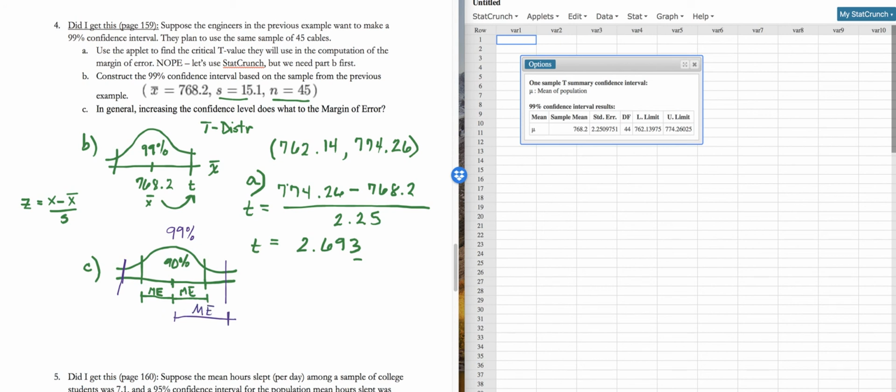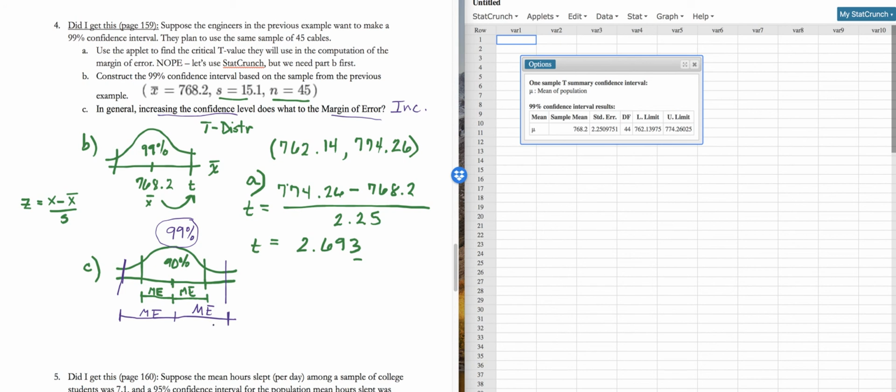It's still the distance from the center to the endpoints, but now that distance has increased. So increasing the level of confidence also increases the margin of error, which is then a bummer, right? Those are opposing forces. We would like to be more confident. That's a good thing. But increasing the margin of error means that we are less precise, which is a bad thing.